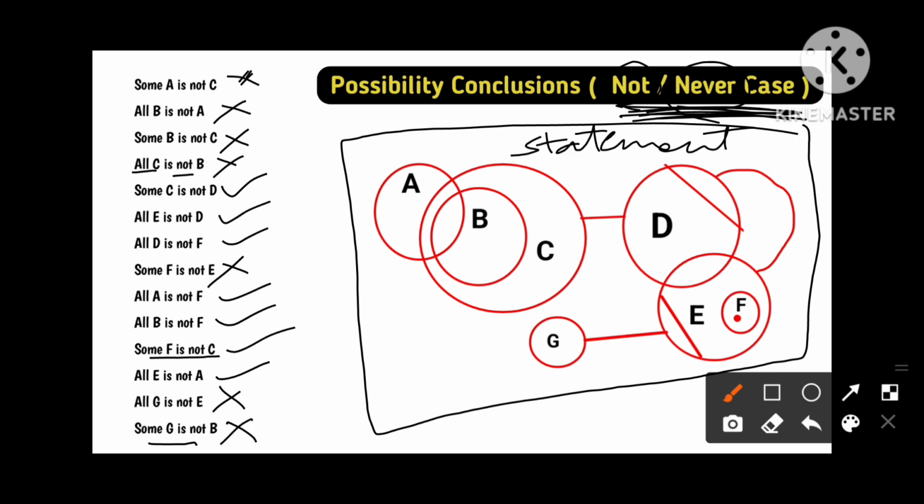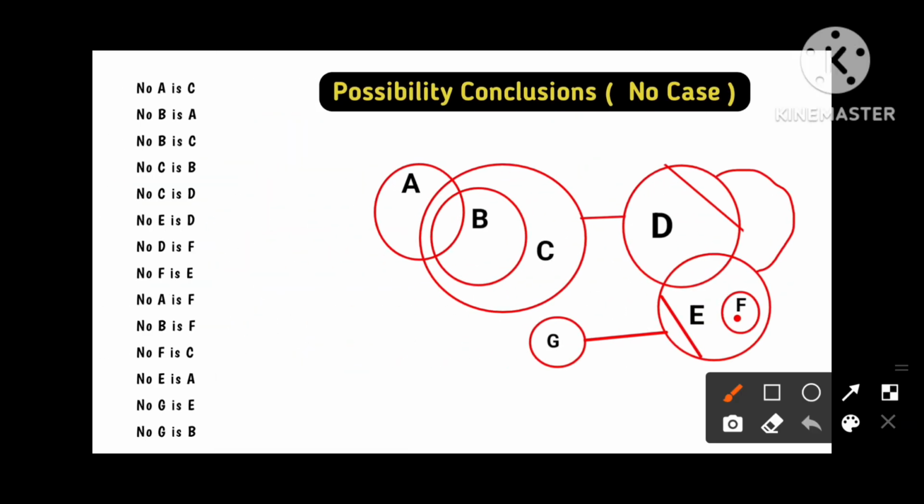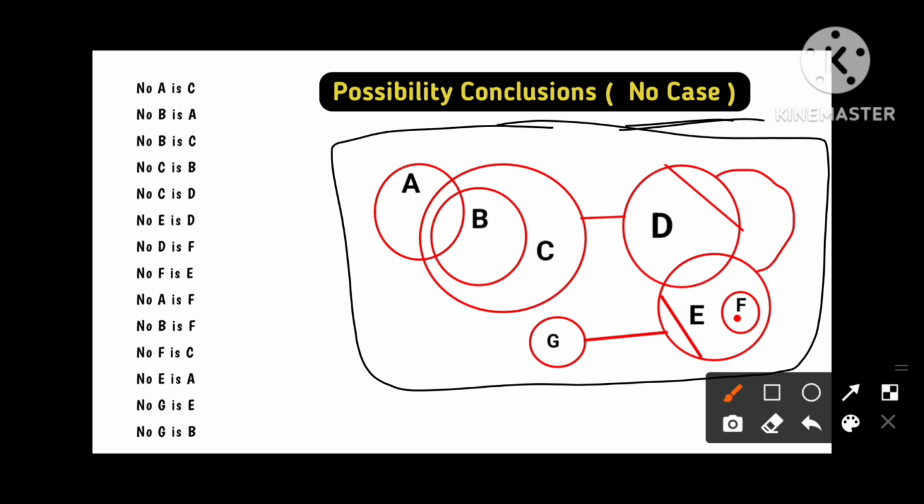Next, we are going to see one more concept: the no case. As usual, this is our basic statement Venn diagram. Let's see what happens if we have no. I already taught what we need to do when we see a no in the conclusion. If we see no, we need to check the some case, either the possibility or the actual meaning of the basic statement.